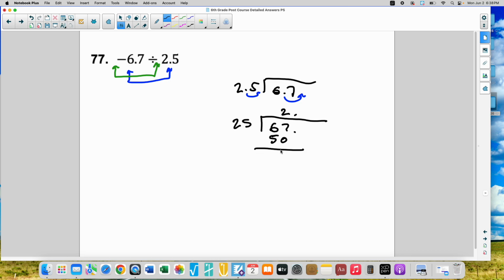That's 50. That leaves me with 17. We'll add a 0. 25 goes into 170 6 times. 6 quarters in my pocket makes $1.50. And then you have 20, and you're going to add another 0. And 25 goes in 8 times. If I had 8 quarters in my pocket, I'd have $2. So I get 2.68. And now I'm going to do the signs. A negative divided by a positive is a negative. So my final answer is negative 2.68.